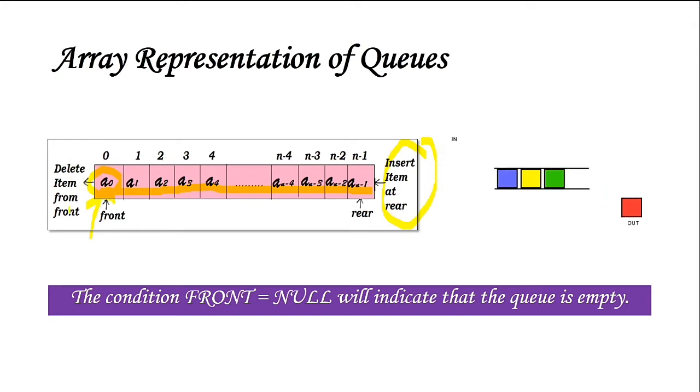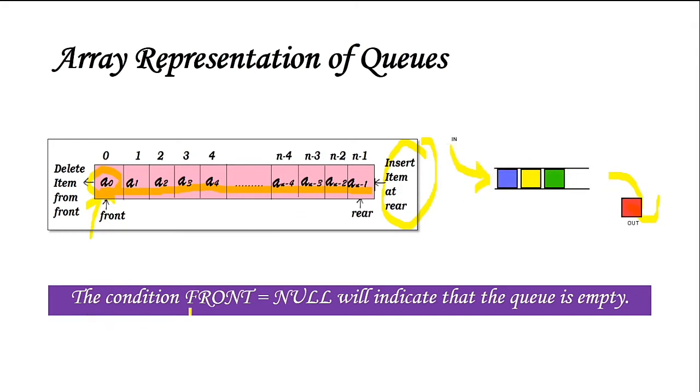So delete the item from the front, insert the item into the rear. This is how exactly the queue works. Whatever you insert will go as a queue. Now the red block is the last block, that is out, and here yellow is the last block, that will be out. Like that it will continue.